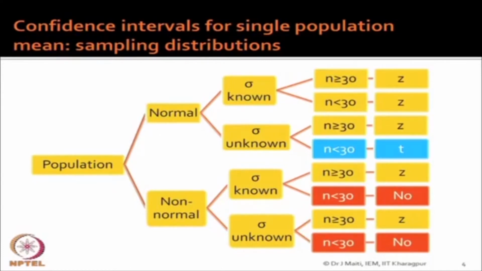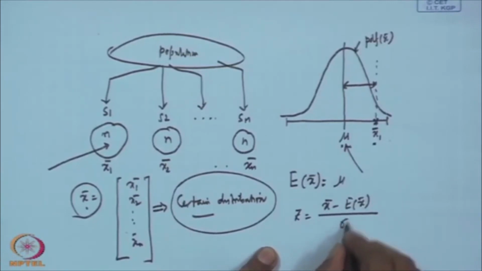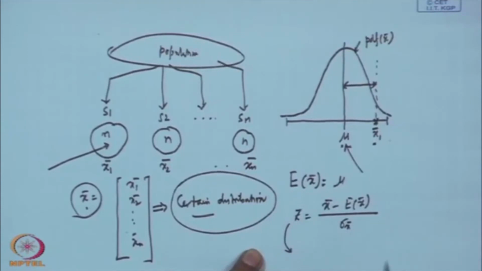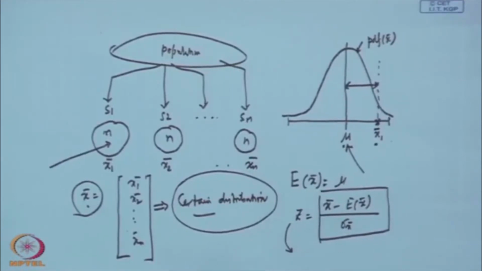the statistic generated for x bar, which is Z equal to x bar minus expected value of x bar by sigma x bar, follows Z distribution, if you sample from a normal population irrespective of the sample size, but sigma must be known.